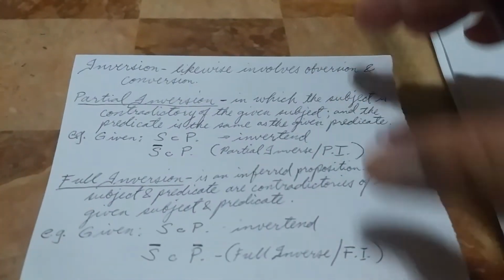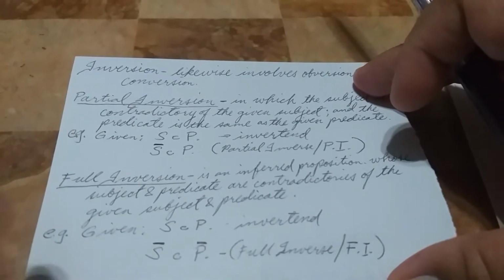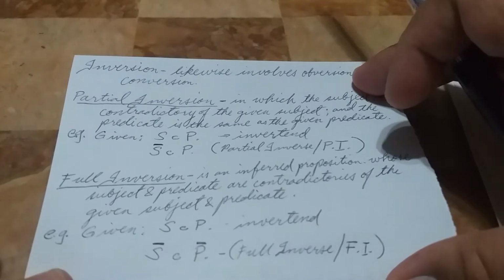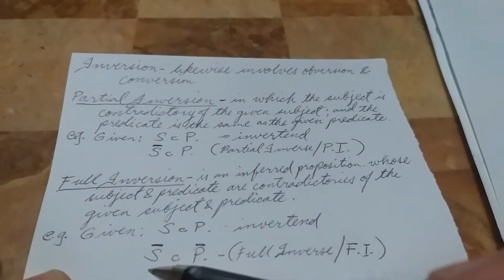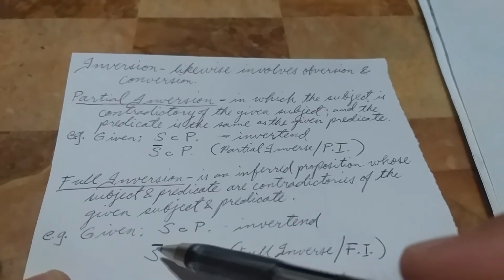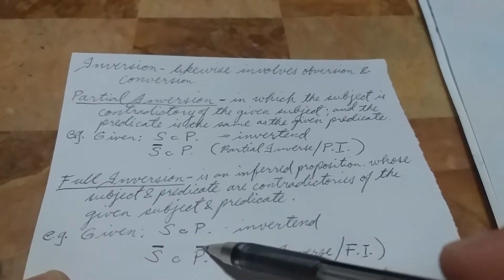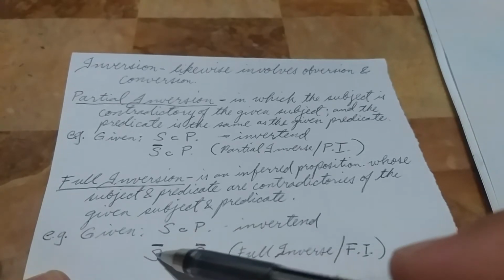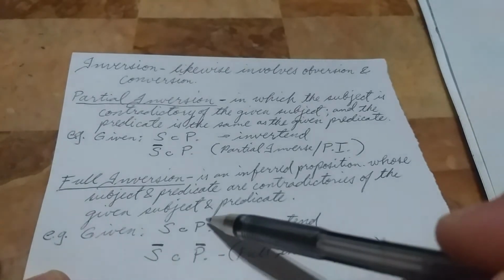As I put there, the line above the text represents the contradiction of the given term.